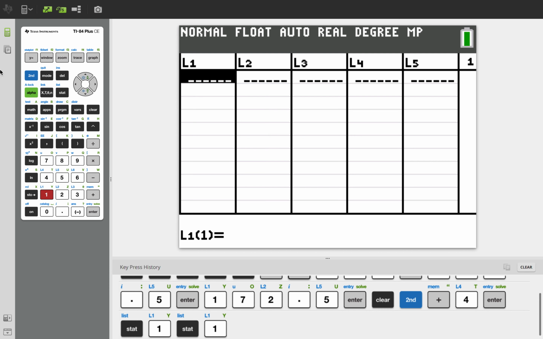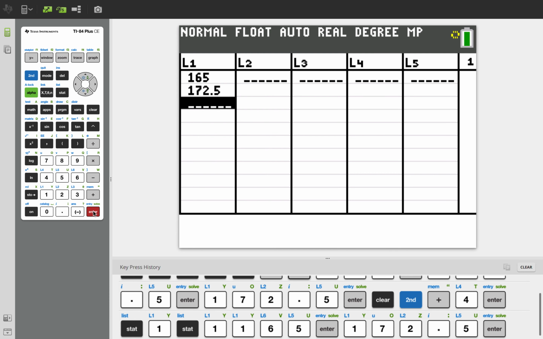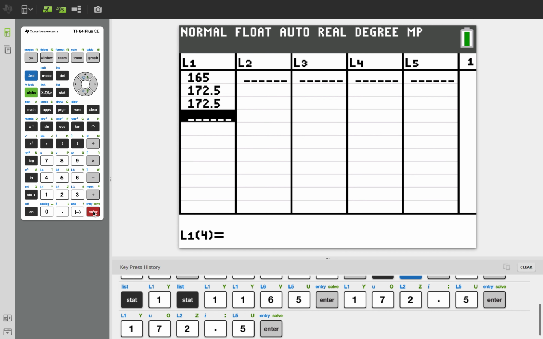So our numbers are 165. And then you press enter and it goes to the next number. Our next height is 172.5 and so on. Okay, so I'm going to enter all my heights first.